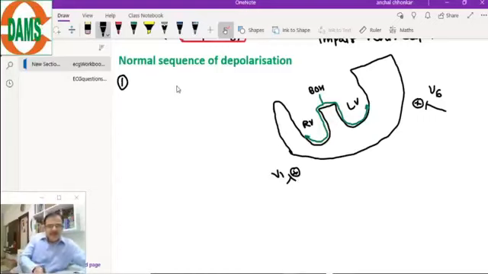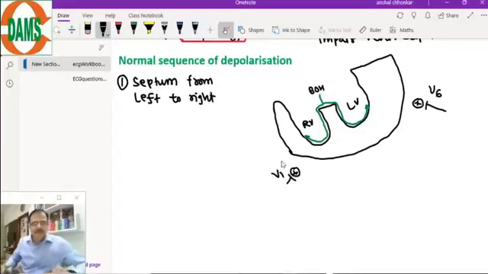In the normal sequence of depolarization, number one, the part which depolarizes first is the septum, from left to right. Septum is the first part to depolarize.